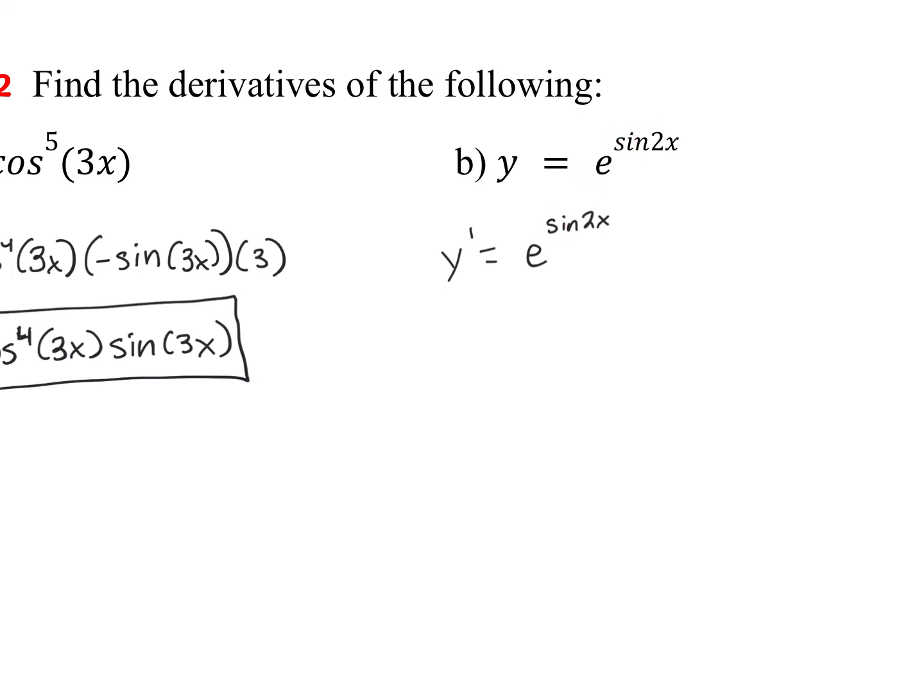The middle function would be our sine function. The derivative of sine is cosine, but I'm still leaving the 2x. And then I look within that and take the derivative of our most inner function, that 2x, and the derivative of that is 2. So our derivative will be 2 times e to the power of sine of 2x times cosine of 2x.